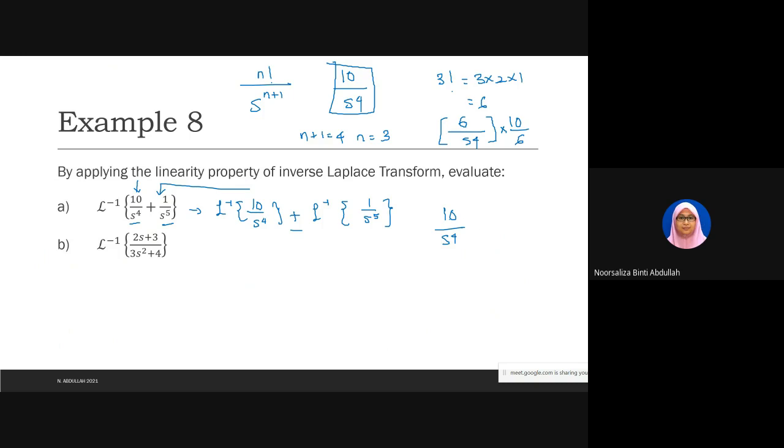Then this one is actually equal to 10 over s kuasa 4 times 6 over 6, or you can just put 3 factorial over 3 factorial. Then we switch this one to here, this one will be here. Then you get 6 over s kuasa 4 times 10 over 6. You just manipulate the equations. Here, it's actually equal to this one.